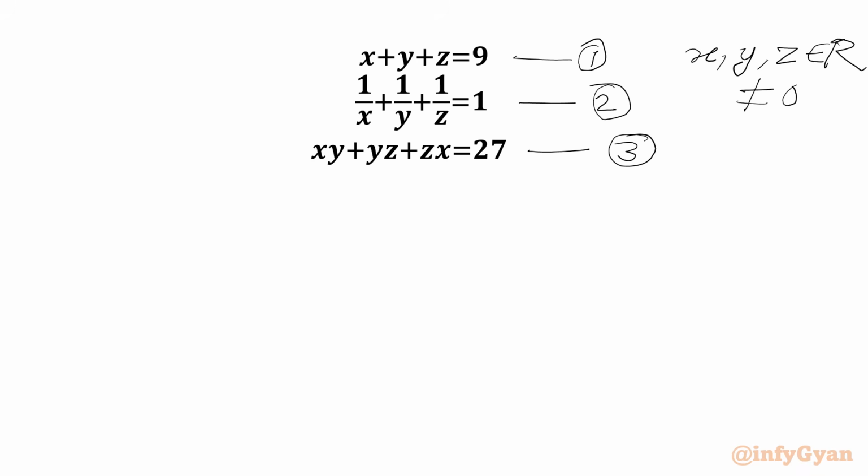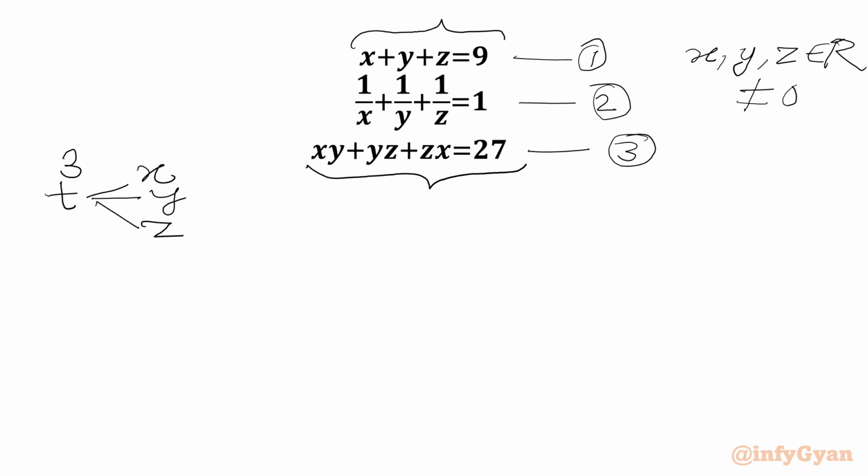Now if we think about one cubic equation in variable t whose roots are x, y and z, then we have x plus y plus z, sum of roots, in equation 1, and xy plus yz plus zx, sum of roots taken 2 at a time, in equation number 3.